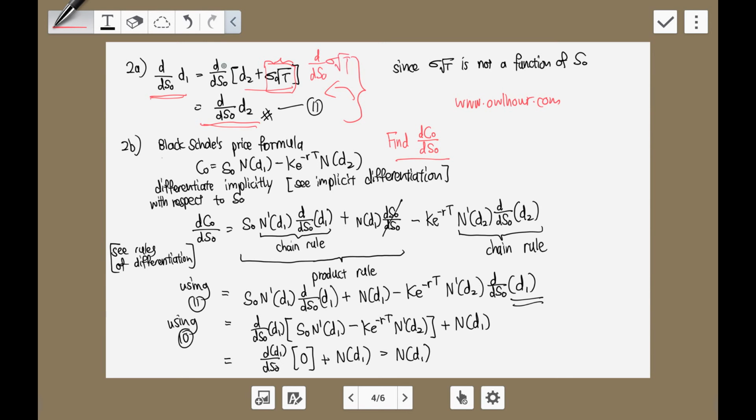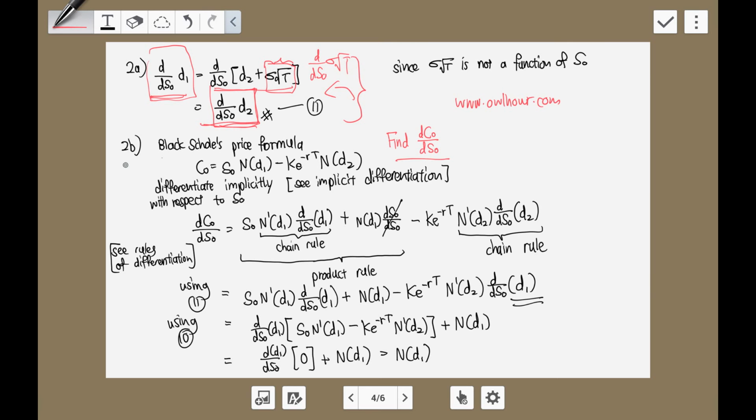But d2 is a function of S0, so it should remain. That's how I prove that differentiating d1 with respect to S0 is the same as differentiating d2 with respect to S0.